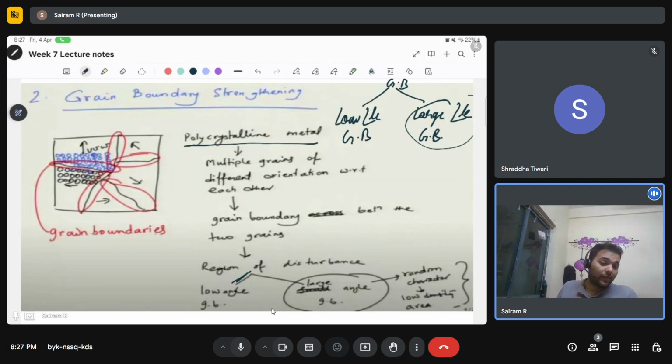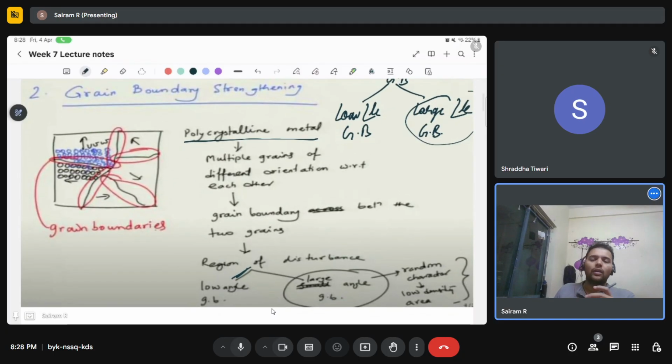Why is that the case? We know that in a polycrystalline material, the various grains are oriented along different directions. So even if it is the same atom, the orientation of those atoms is going to be slightly different.